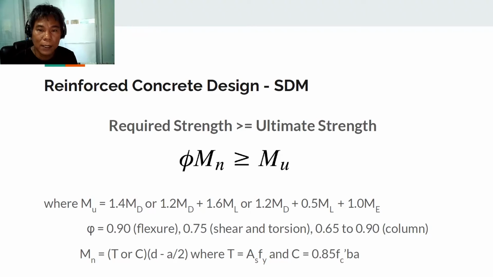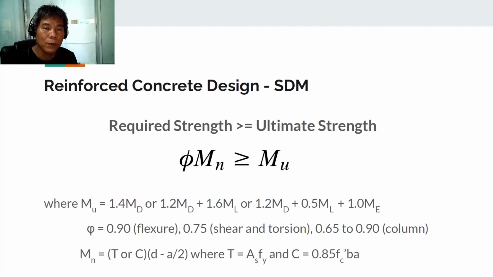For the strength design method on the reinforced concrete design, the basic equation is that the design strength should always be greater than or equal to the required ultimate strength. The ultimate strength can be taken from the structural analysis, the combination of loads: 1.4 dead load, or 1.2 dead load plus 1.6 live load, or 1.2 dead load plus 0.5 live load plus 1 earthquake.